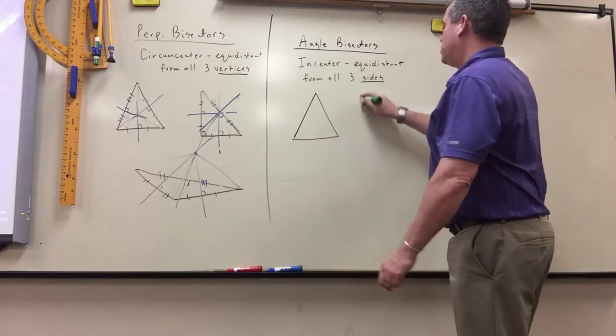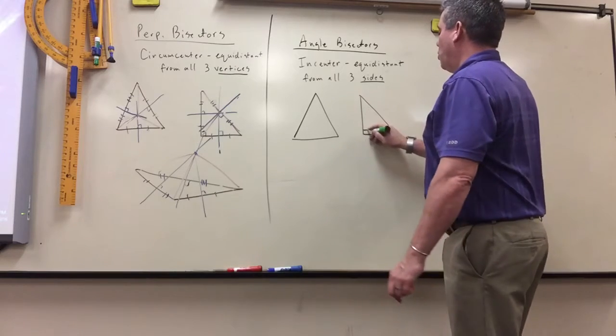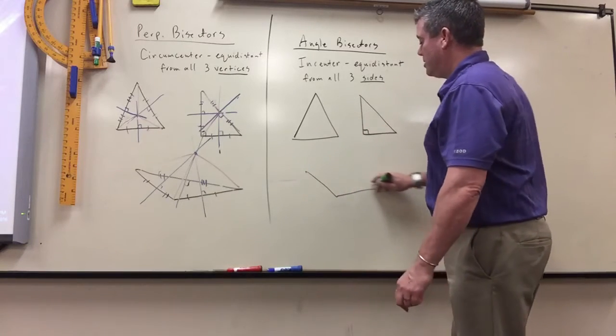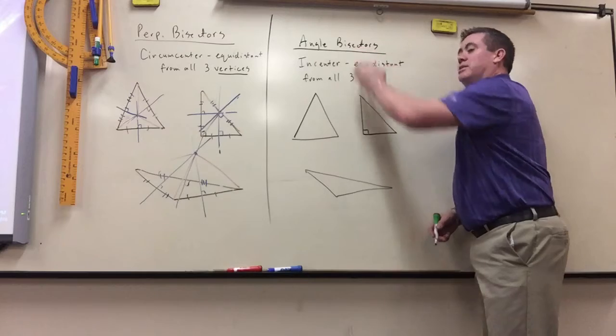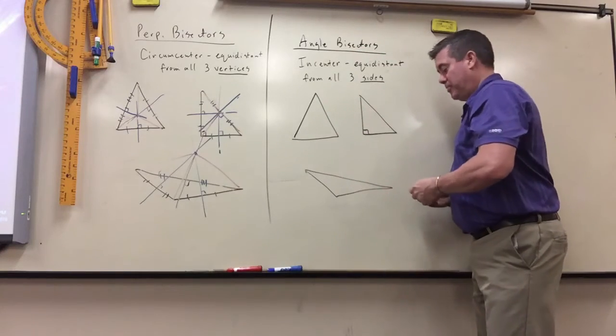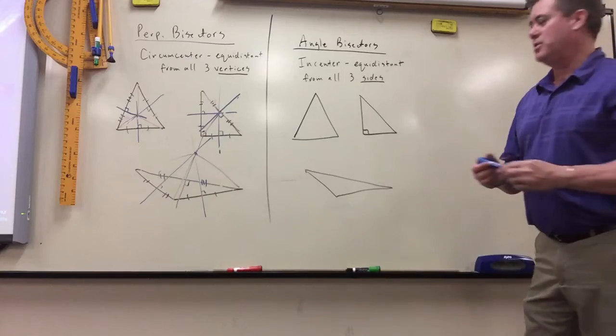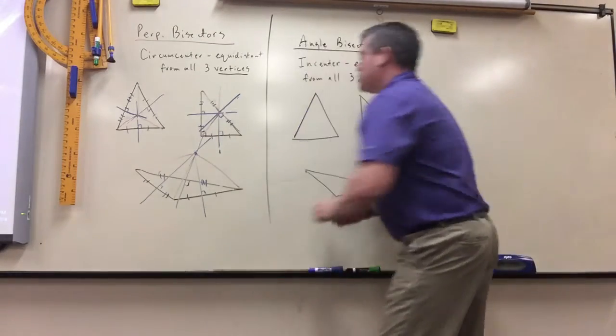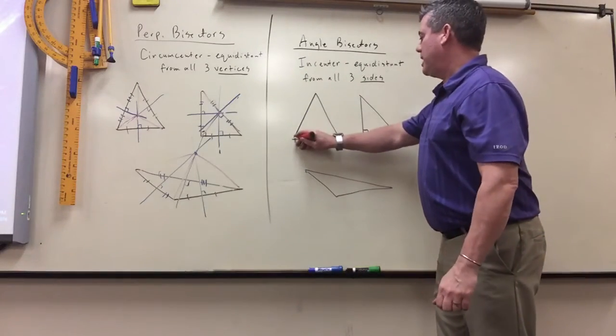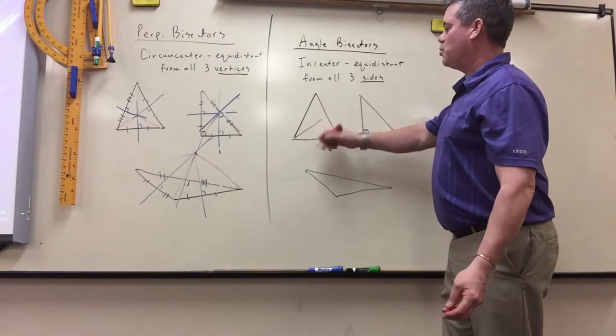Now, if it's an acute, right, or obtuse, these will always intersect inside. And again, if you're not sure when you're doing these, just sketch it out quick and see where they intersect.